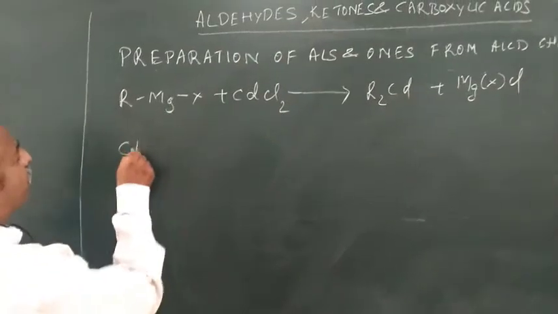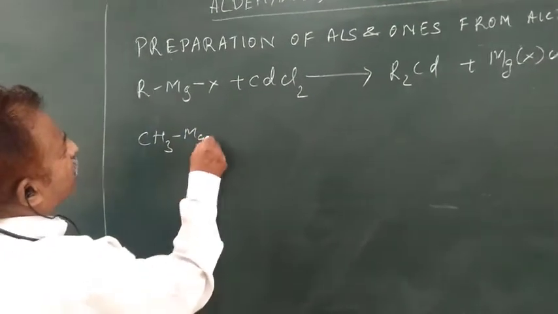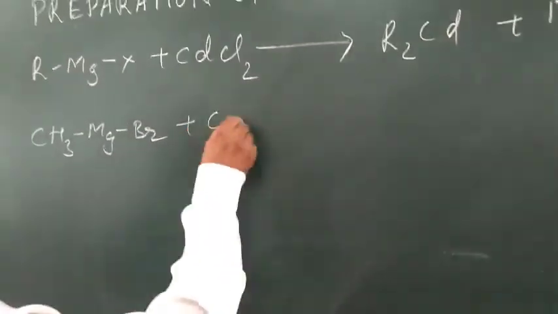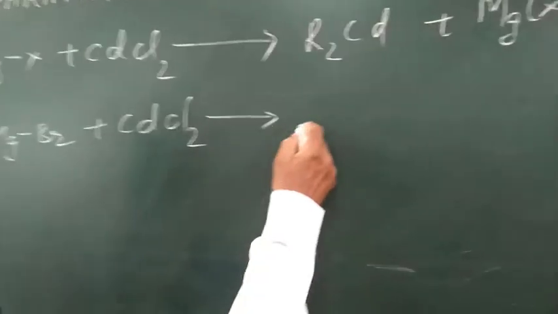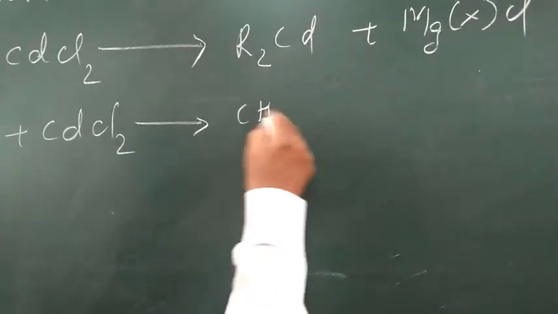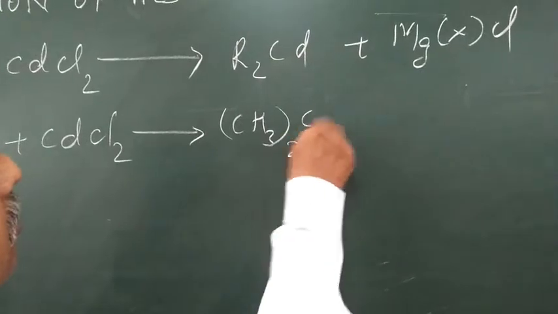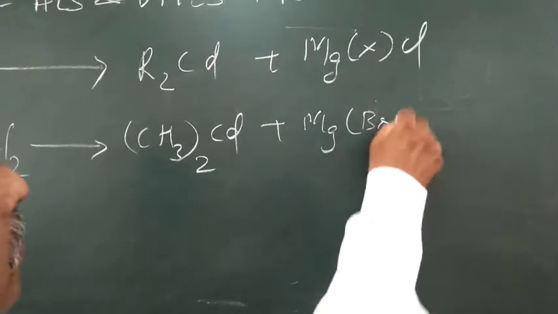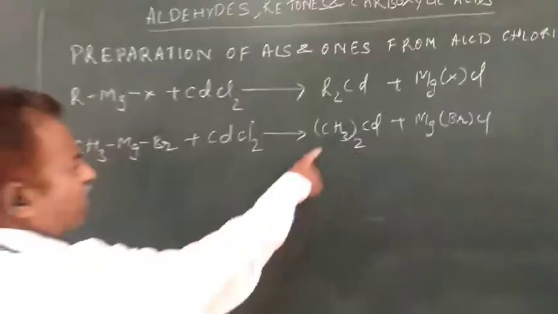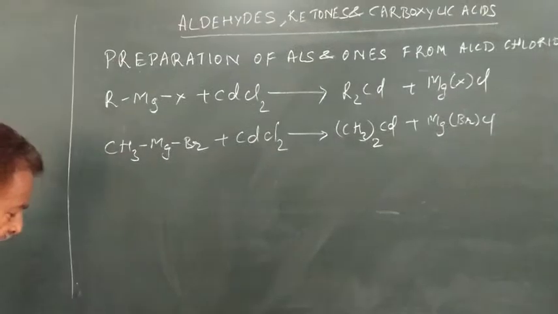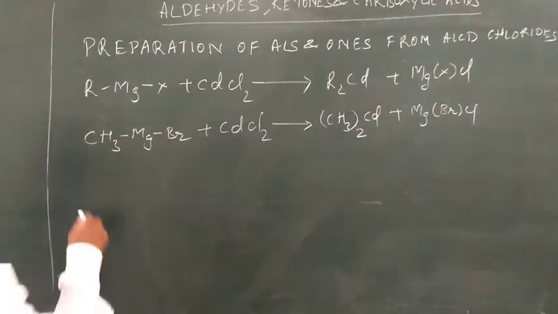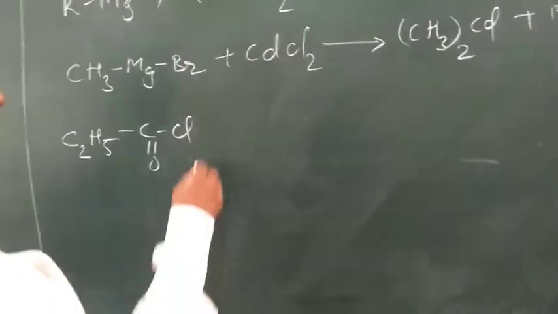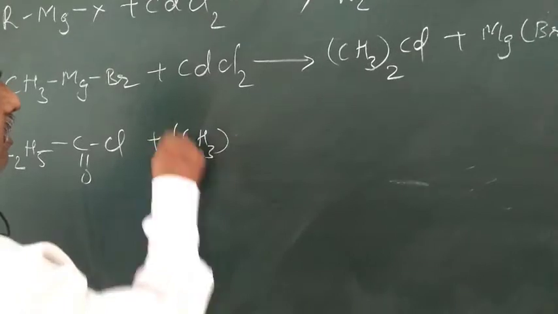So we get dialkyl cadmium by the reaction of Grignard reagent and cadmium chloride. Let us take an example. CH3MgBr, methyl magnesium bromide, plus cadmium chloride, we get dimethyl cadmium plus MgBrCl. So this dimethyl cadmium is made to react with acid chloride. This is C2H5C double bond OCl plus (CH3)2Cd.